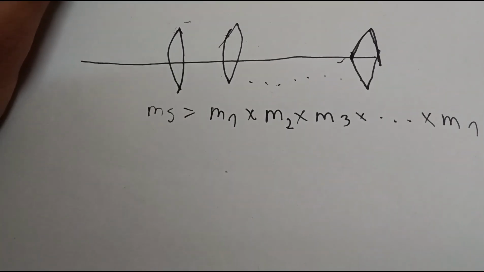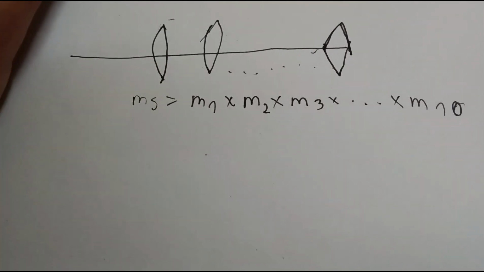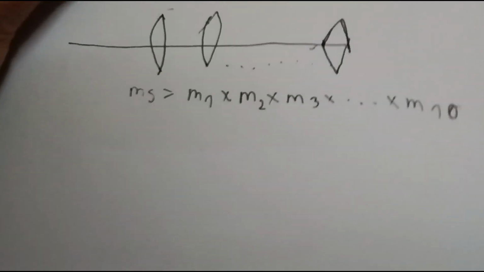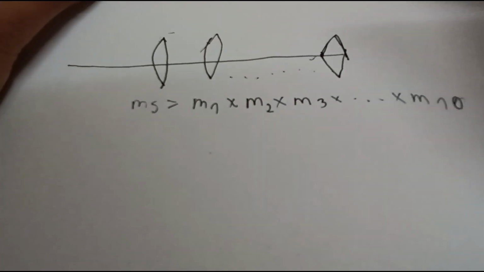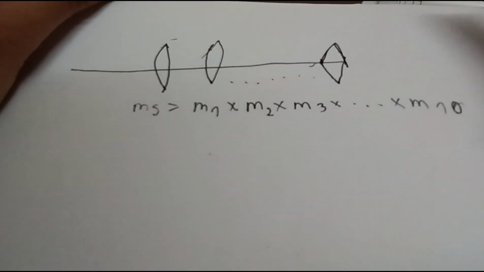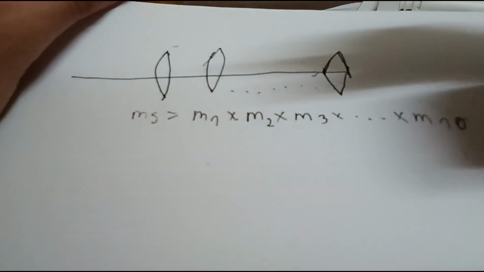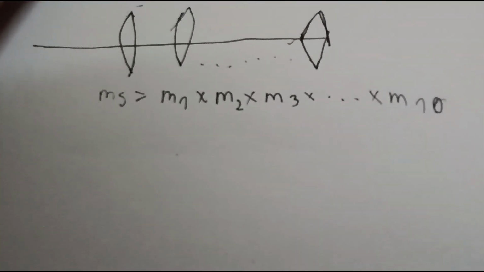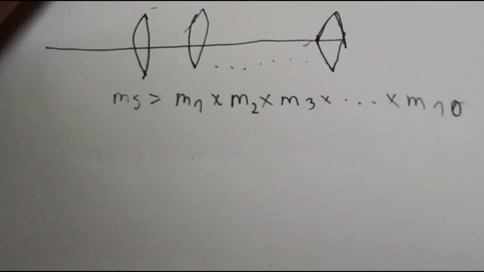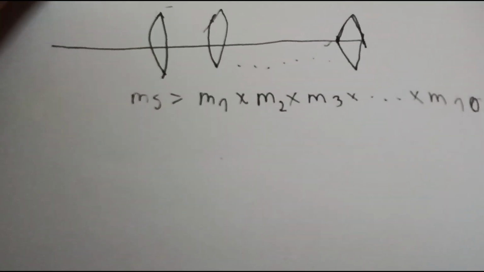But how are you going to prove this? You might ask me. Well, let's do the previous approach. If it holds equality for the second case too, then that means that the formula which I showed before, nth product of magnification results in the system magnification, is true for n number of lenses. Let's get started.